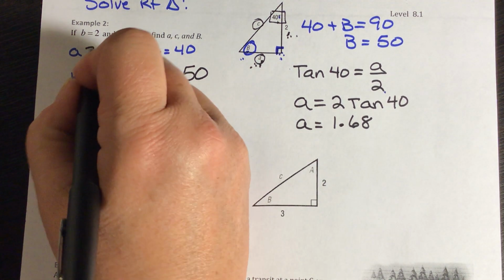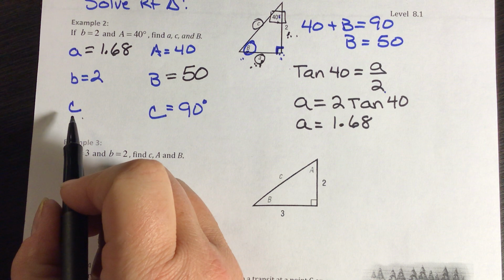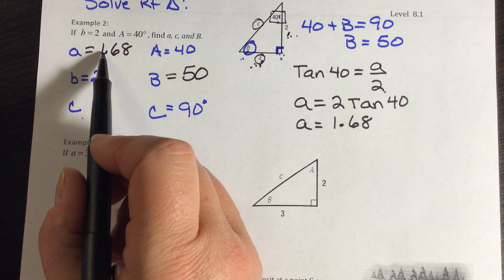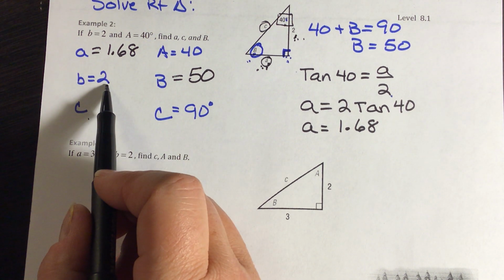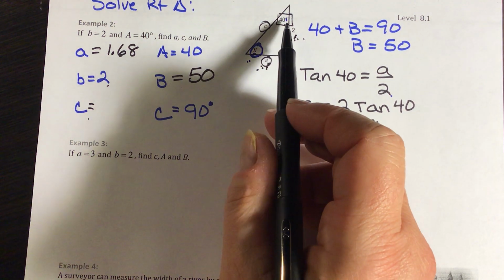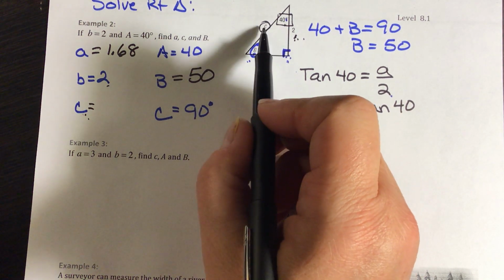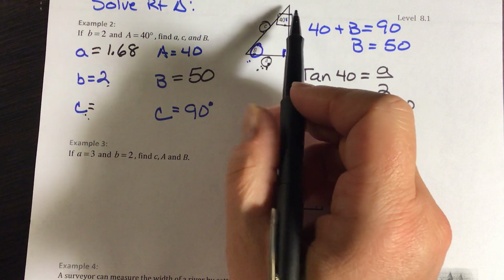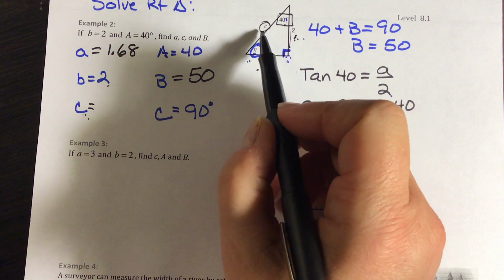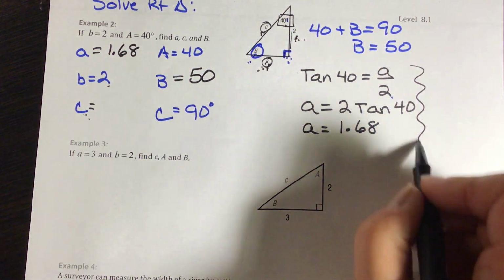So if A is 1.68, now I have to find C, and I could do Pythagorean theorem, where I do 1.68 squared plus 2 squared equals C squared, or I could use another trig ratio involving the length of C. So if I do the length C as the hypotenuse, adjacent over hypotenuse, I have 2 over C. That would be cosine.